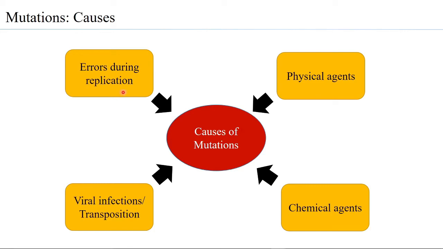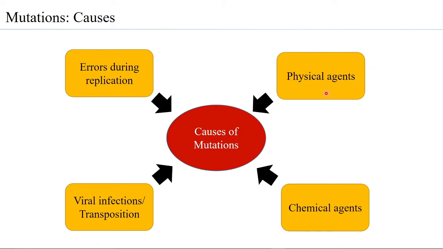Instead of adding a correct nucleotide, if it adds a wrong nucleotide and fails to proofread or correct that mistake and moves ahead with replication, then the mistake remains in the DNA. If that is happening, then that is a change in the sequence, and so that is an error. So a mutation can arise due to a replication error.